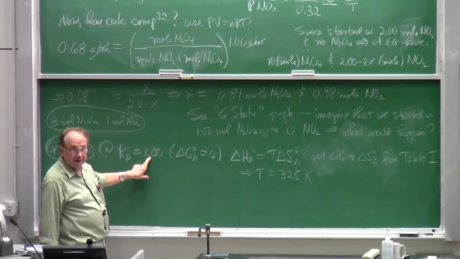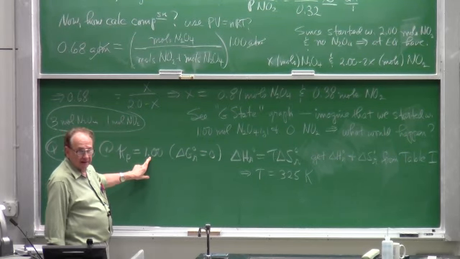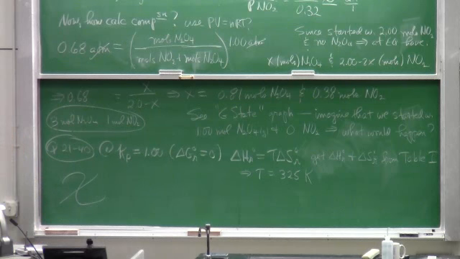This number's smaller, isn't it? So before you do any arithmetic to get this temperature, you know you're looking for a temperature which is higher or lower than 298 K. Higher or lower?